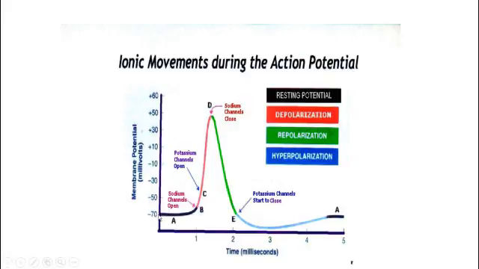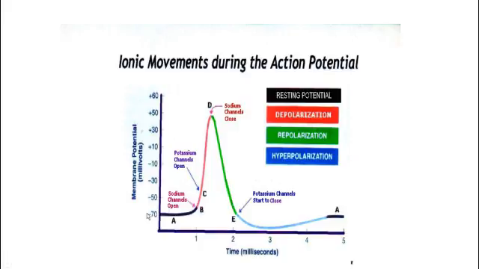That negative 70 is not an absolute number. It can range anywhere from negative 60 to negative 90 millivolts. They just thought negative 70 was a good place to put it. This graph is always from the standpoint of inside the neuron, because it's all about the neuron in this case. So that was resting potential: at rest, when nothing's happening to the neuron, the value inside the cell is negative 70 millivolts.